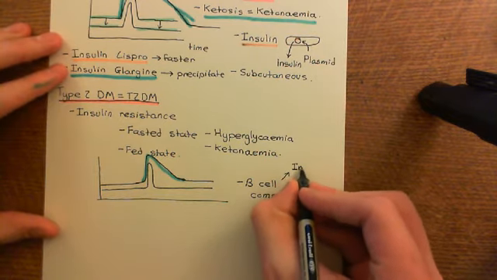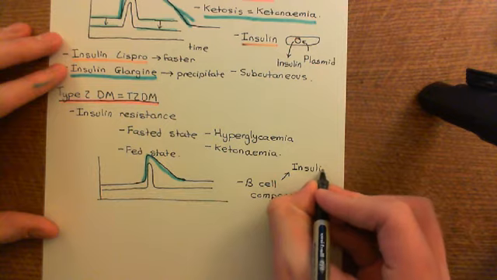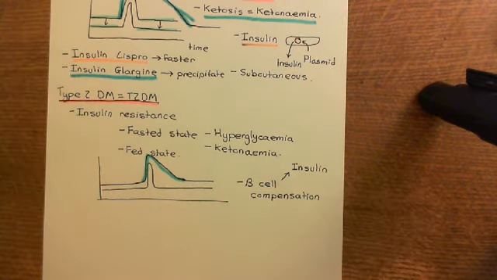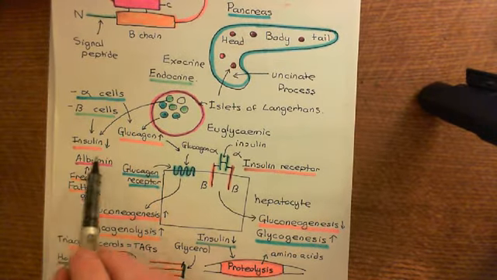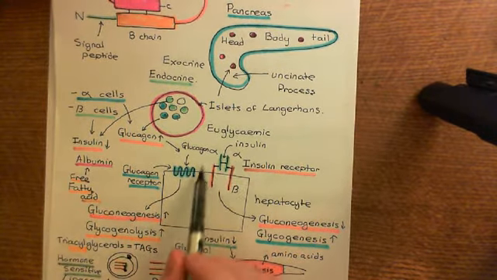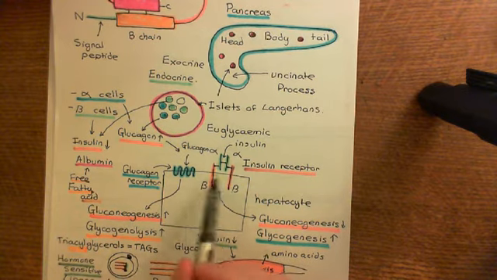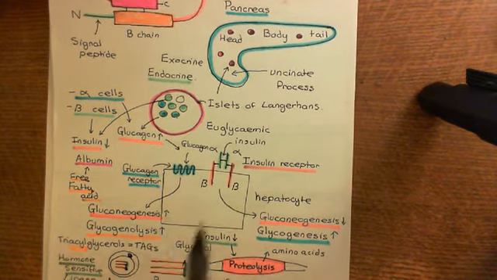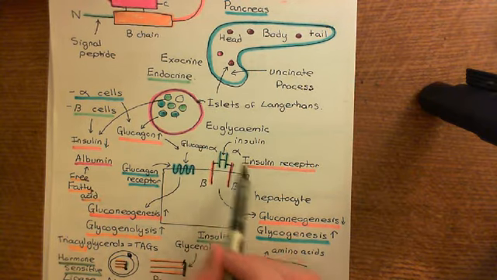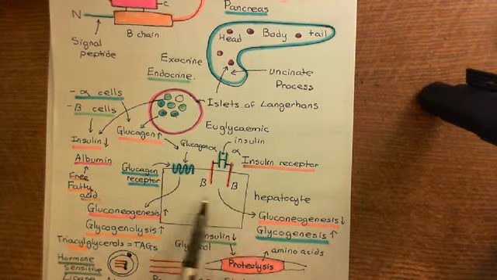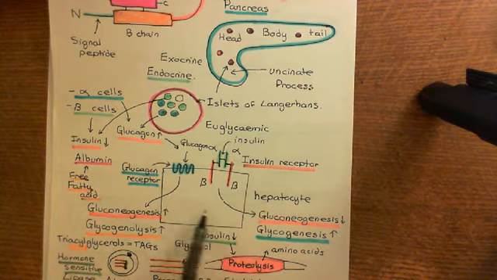Firstly, in the fasted state, they will be increasing their output of insulin. Remember, in the fasting state, there is usually that tonic insulin level. Now what we're going to do is increase the amount of insulin we have at the tonic level, so that even though we've got insulin resistance at the level of the receptor and the signaling pathways downstream of it, the increased amount of insulin will mean that more receptors are going to be activated, and therefore the amount of the signaling pathway that gets activated is still overall the same.